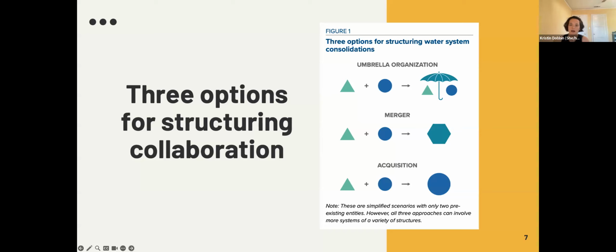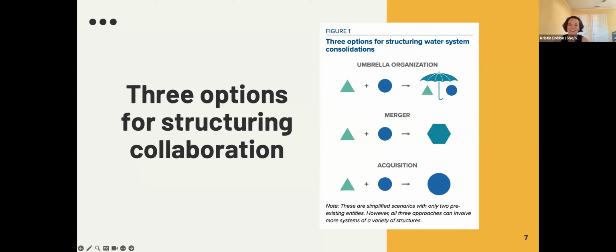So on one end, we have an umbrella organization. This is a collaborative entity, often a joint powers authority, that is formed above the existing water providing entities to coordinate and collaborate on some portion of drinking water provision. In some cases that might be coordinating and collaborating on the whole running of all the systems. And in some cases that might be a more restrained role.